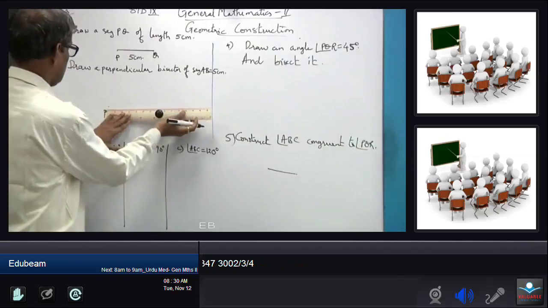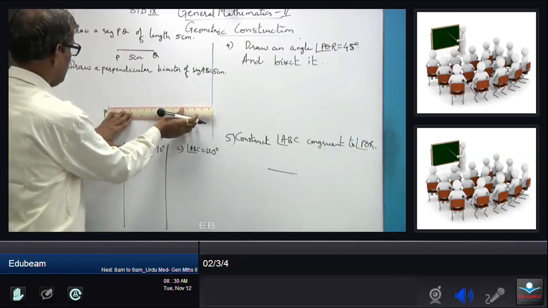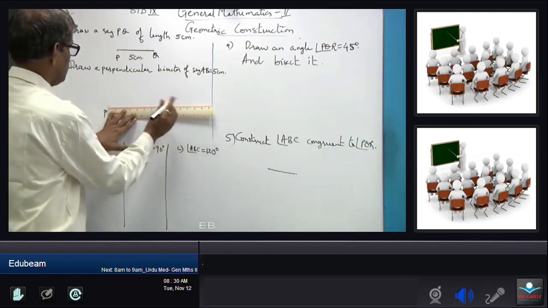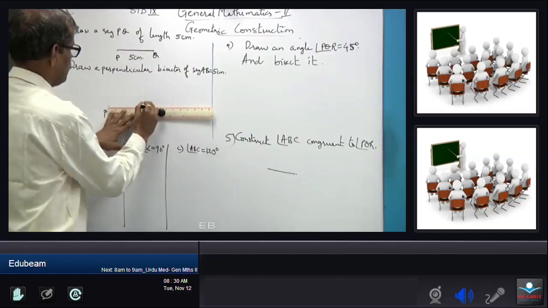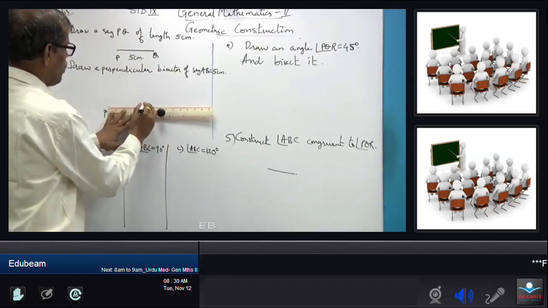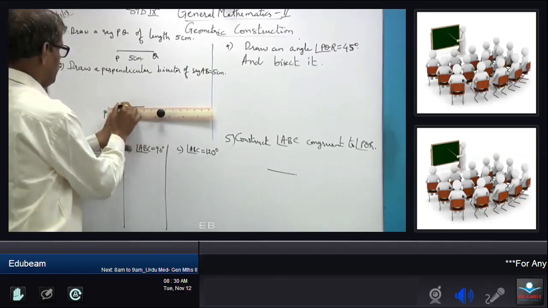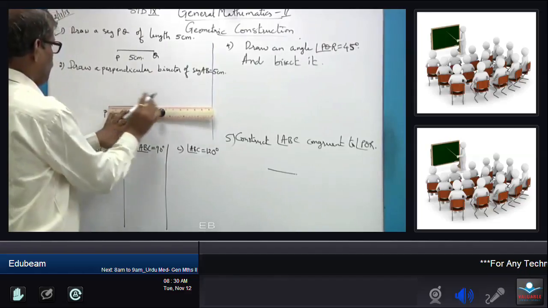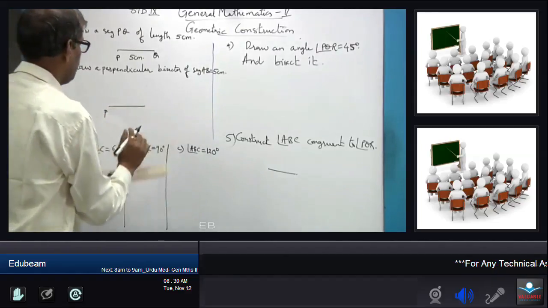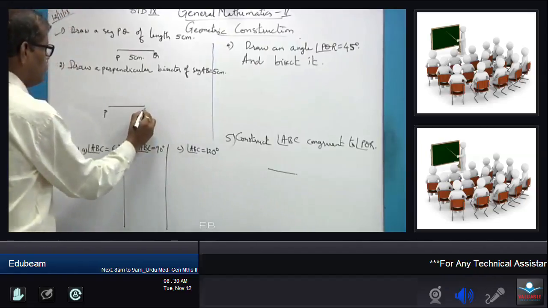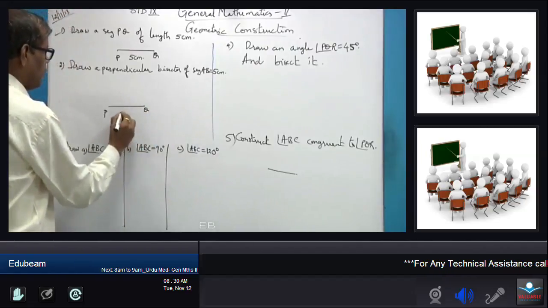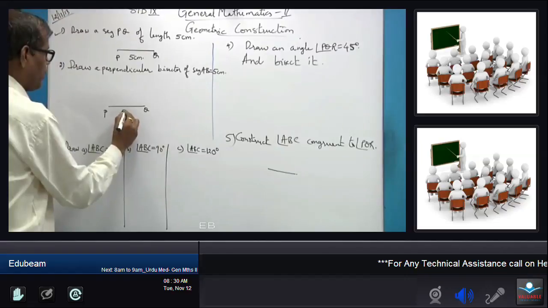It is perpendicular and bisector. Perpendicular in the sense you will get this as 90 degrees, and bisector means you divide it into two equal halves.